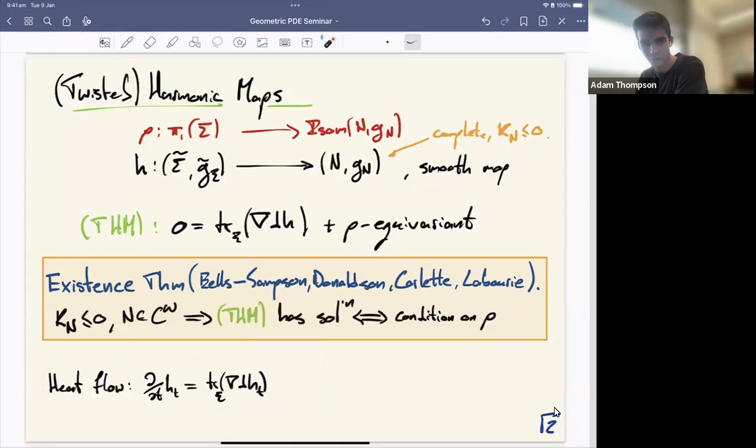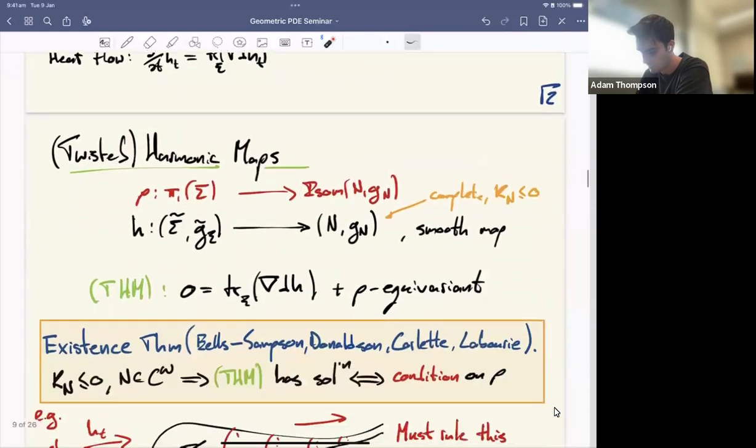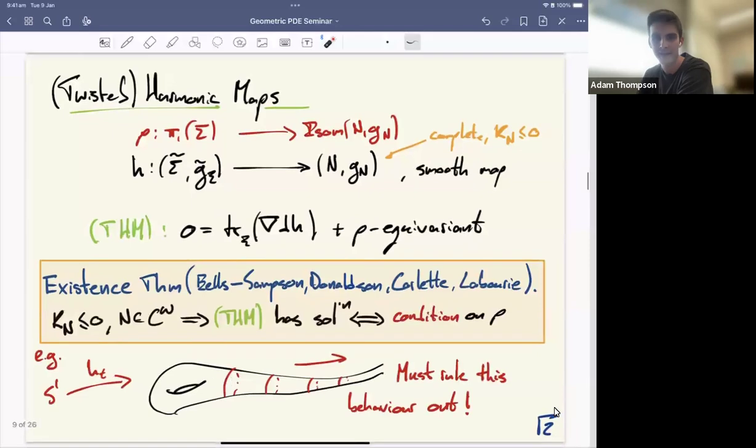Like I said, I'm not going to define this condition on rho, but I would like to give you a picture of the behavior that we have to be careful of. Here, sorry, this H should be from R, should be Z equivariant, say.